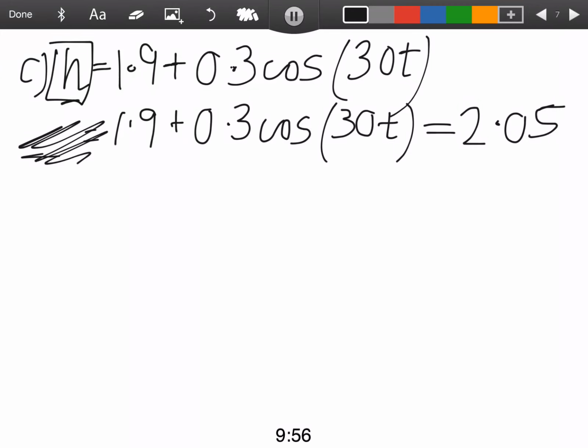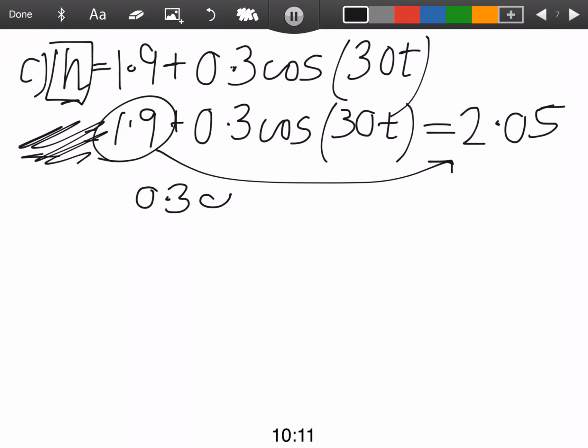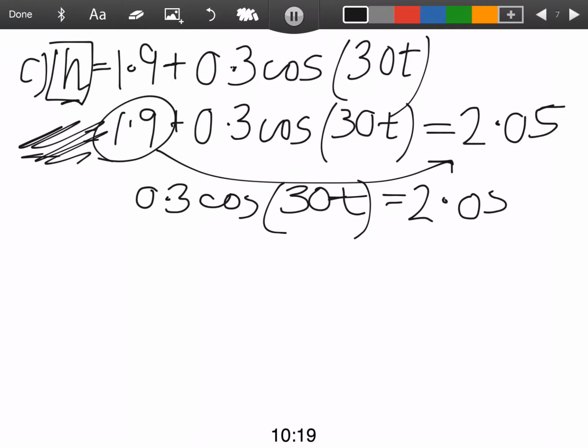So we've got a 1.9, we've got a 0.3, we've got a 30t. We don't want all those numbers there. You can't remove them all at the one time. Remember, one bit moves over at a time. I'm going to get rid of this 1.9 across to the right hand side. So I'm going to be left with 0.3 cos 30t is equal to... what's going to happen to that 1.9 when I move it across? First of all, put the 2.05. This 1.9 is getting added on the left hand side.